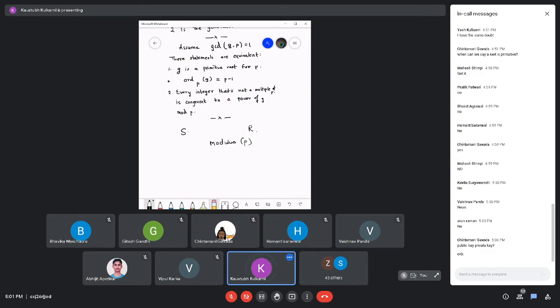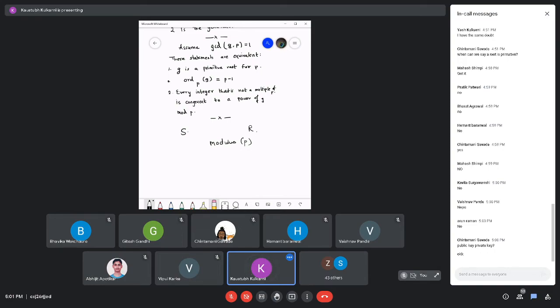And now what they will do is, S will select a number on its own and R will select a number. But they have to raise it to a base.